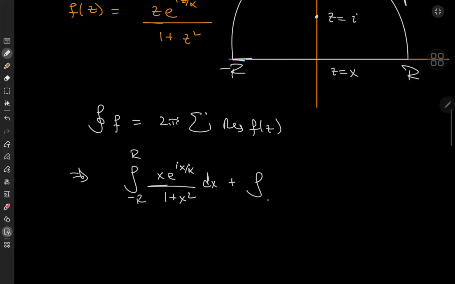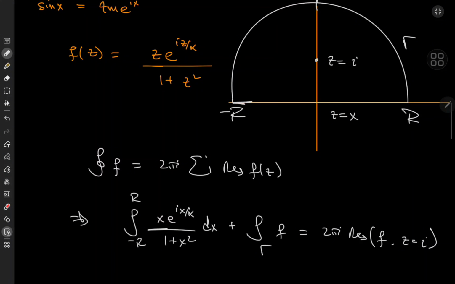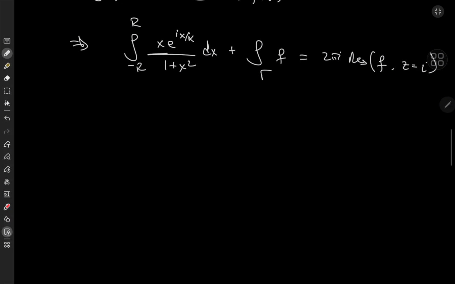And of course, we have the integral over gamma of f, and the result is 2 pi i times the residue of f at z equal to i, which is exactly what we need to calculate right now. Now, because z equal to i is a simple pole of our function, the calculation is pretty straightforward.